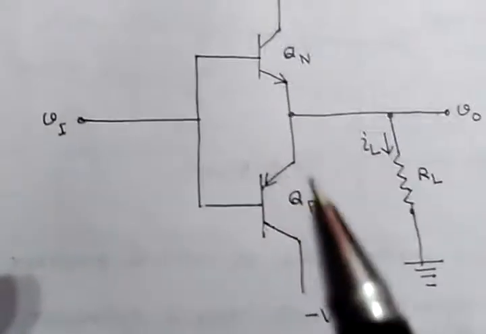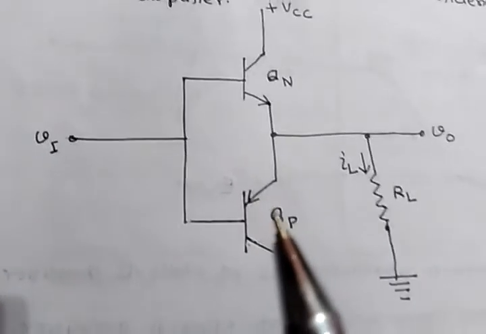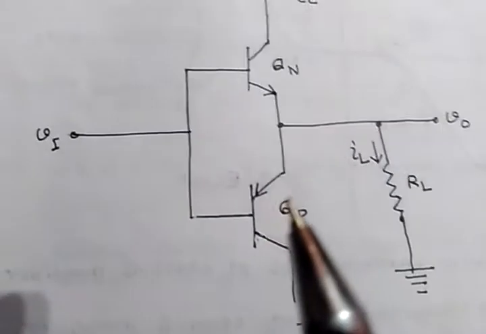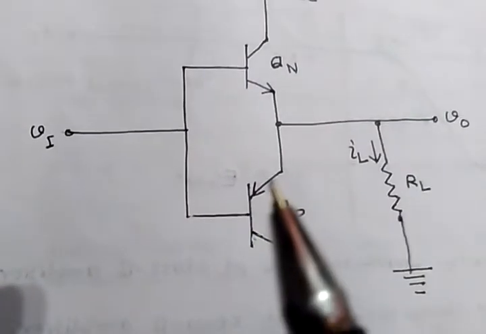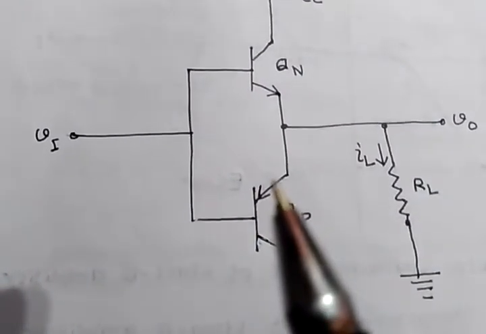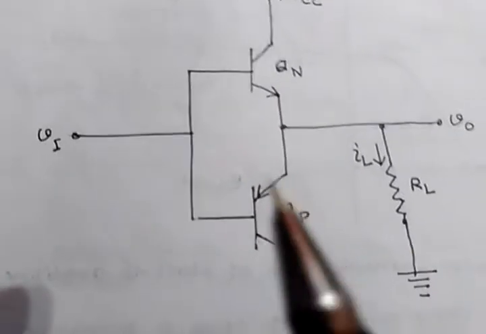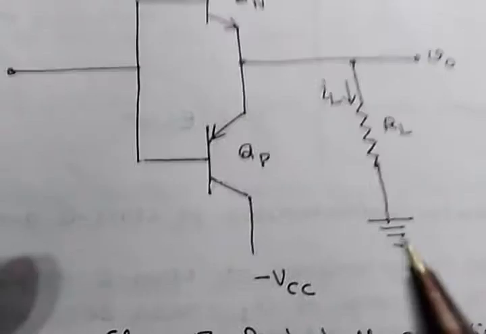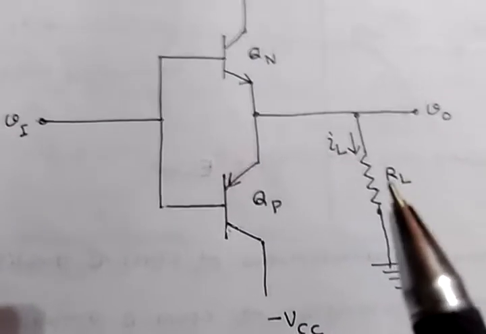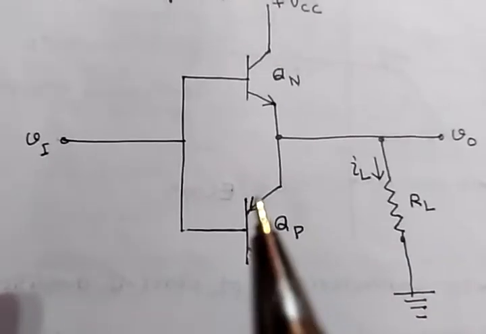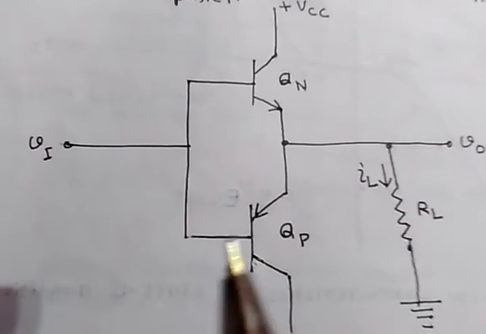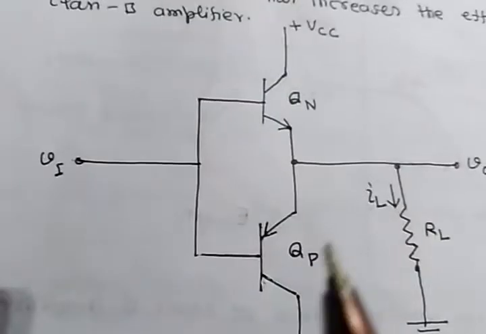In QP, which is the PNP transistor, emitter is made by P region, it is at 0 voltage. P region is connected to the ground through this resistance RL, and base is at 0 voltage.